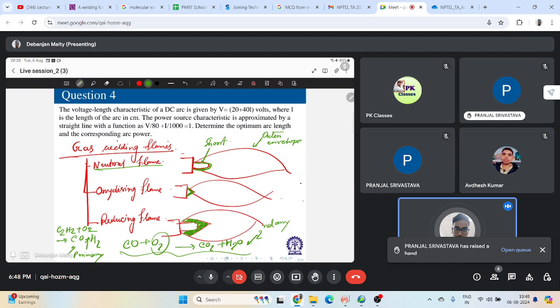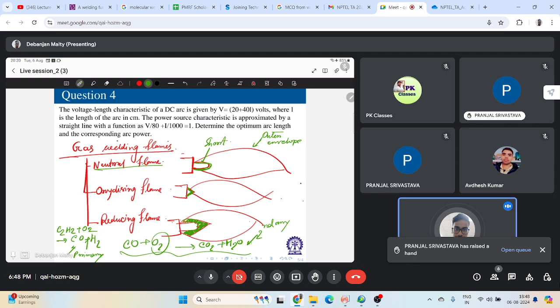In terms of emission of electrons, aluminum is much easier, having the lowest value. Then you will have copper, then iron, then tungsten. So there are some typical values for these thermionic work functions.